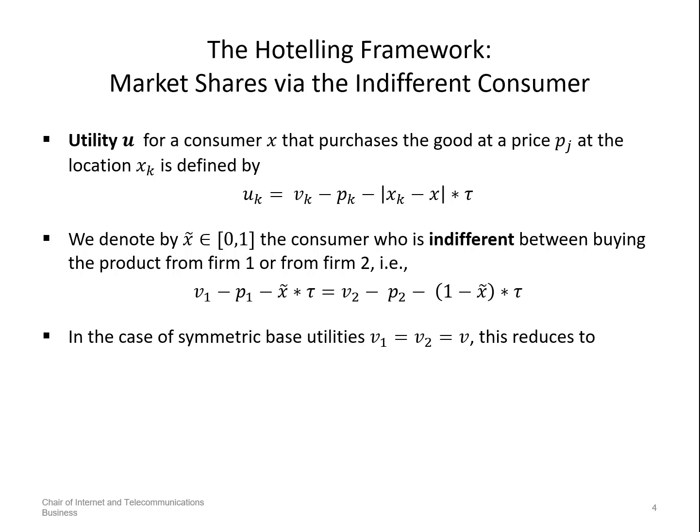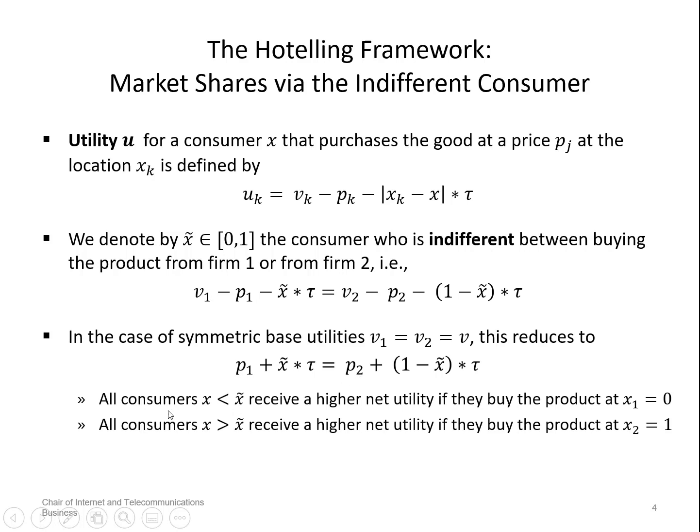In case of symmetric base utilities, where v1 equals v2 equals v, this reduces to the following expression, because the v's cancel out. So all consumers with x less than x tilde receive a higher net utility if they buy the product at x1 equal to 0, and all consumers with x greater than x tilde receive a higher net utility if they buy the product at x2 equal to 1.